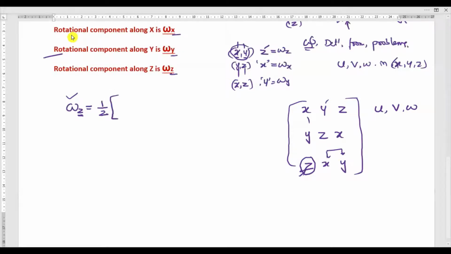Now when writing the first term within the bracket, you need to find which axis comes before Z, that is Y, and after Z it is X. In the term, you write the partial differentiation of the velocity component in Y direction, that is dou V, with respect to the X axis, dou X.